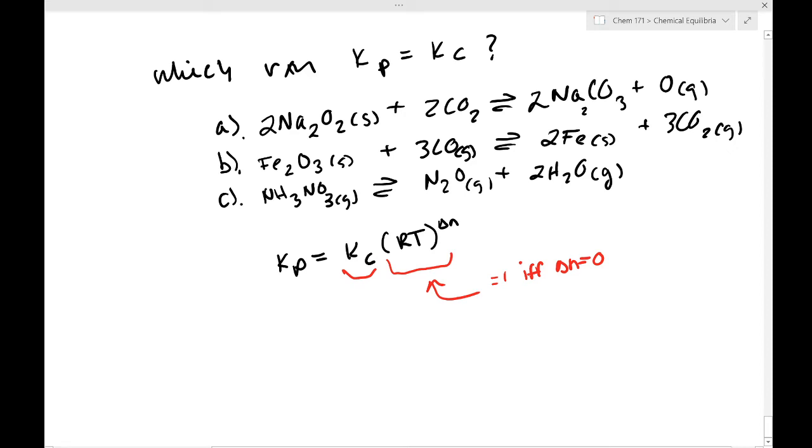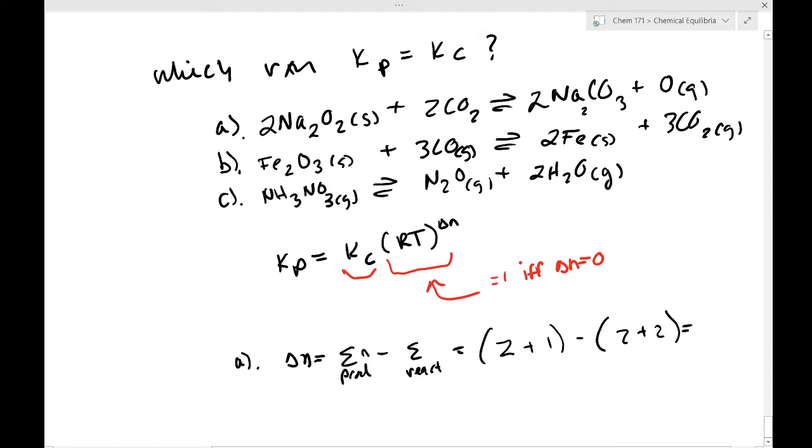All right. So first of all, let's look at A. Delta N in this case is equal to the sum of the products minus the sum of the reactants. So this one would be product is 2 plus 1 minus 2 plus 2 equals -1.